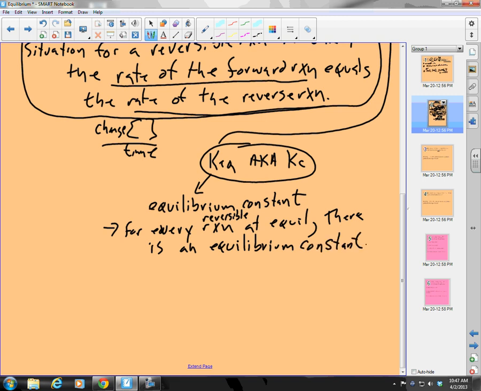So every time I have a reaction at equilibrium, there's an equilibrium constant. Now, what is that equilibrium constant? Well, let me show you the expression for my equilibrium constant.